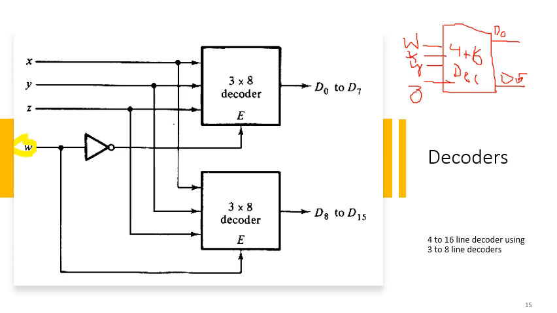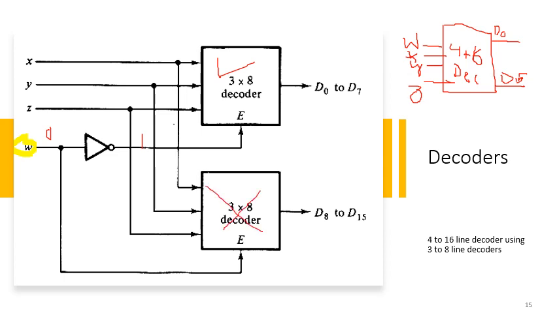If W is 0, then this decoder goes to disable state because it's an active high enable decoder, and this decoder goes to enable state. So 0 has been converted to 1. So this is enabled and this is disabled.